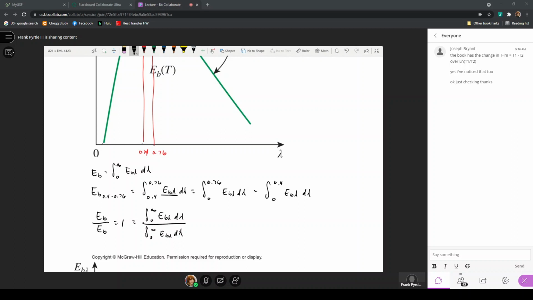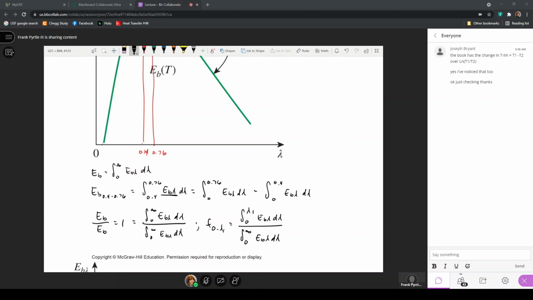A fraction f, let's say from 0 to lambda 1, would be written as the integral from 0 to lambda 1 of EB lambda d lambda, over the integral from 0 to infinity of EB lambda d lambda, like this.